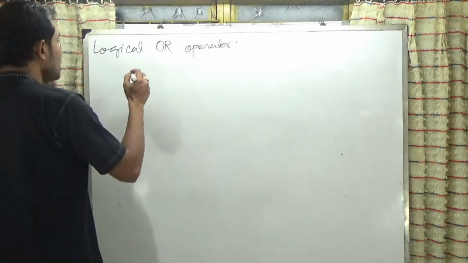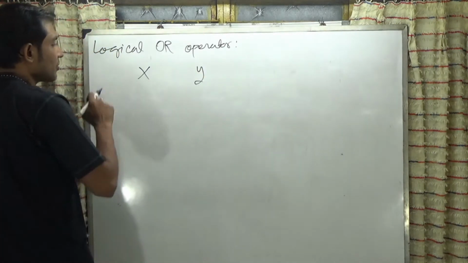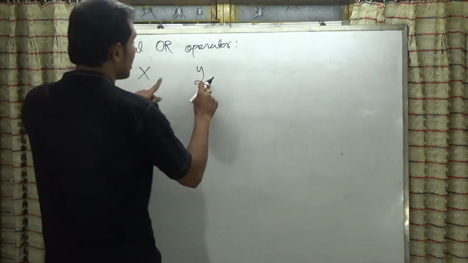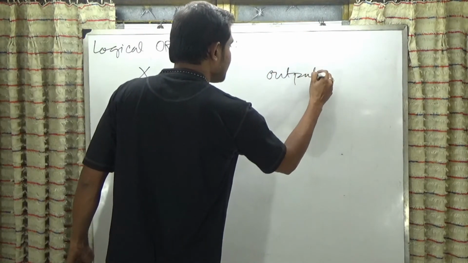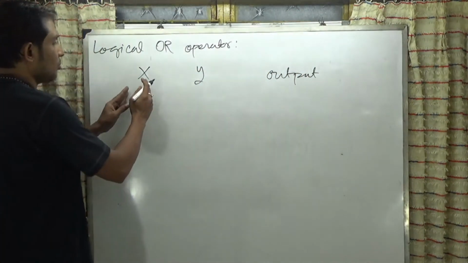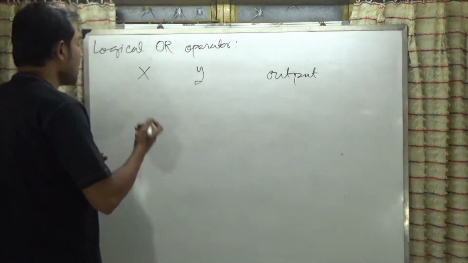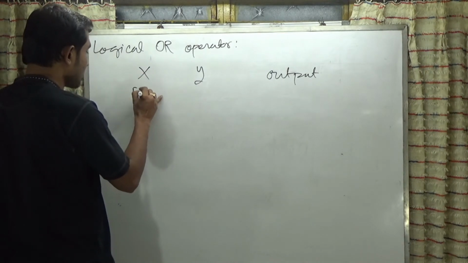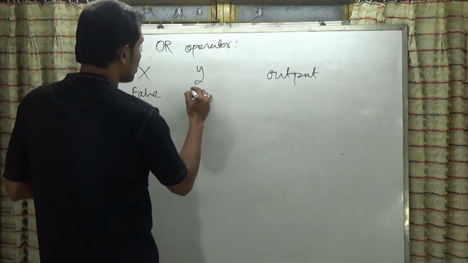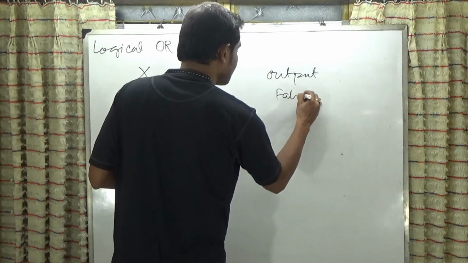Suppose I take two relational expressions as operands, x and y. If the value of x is false and the value of y is also false, the output becomes false.